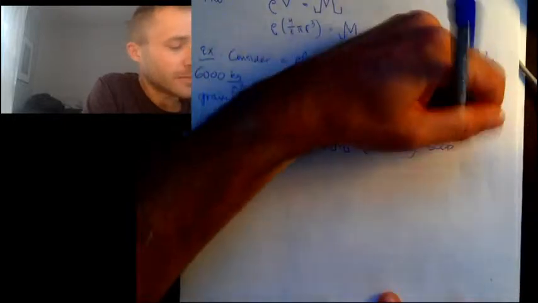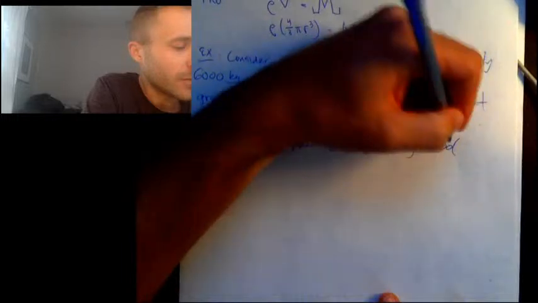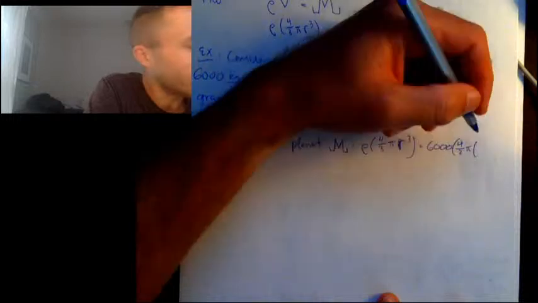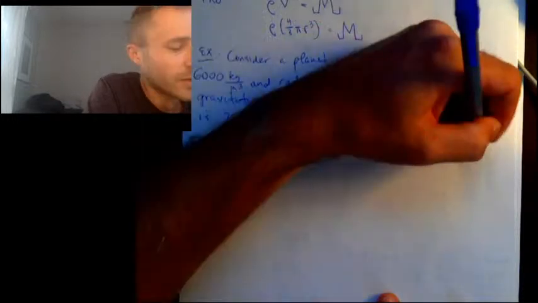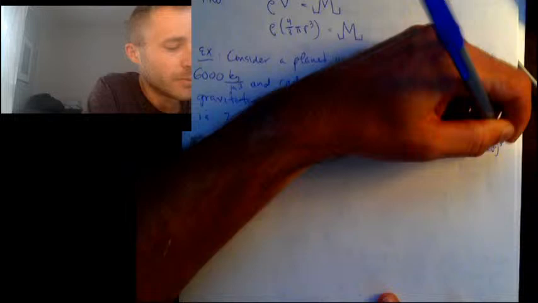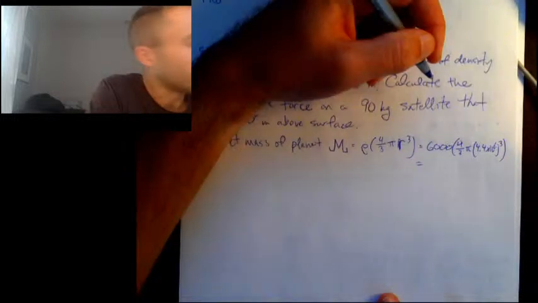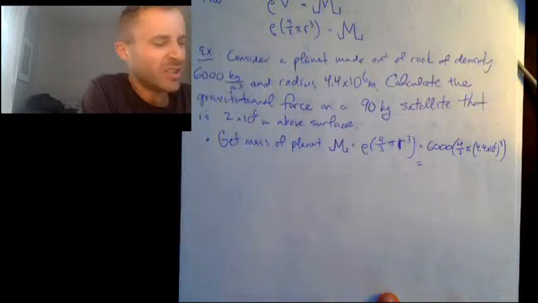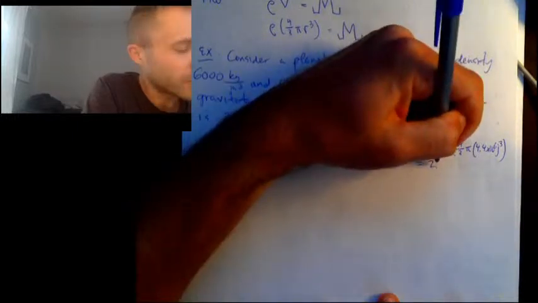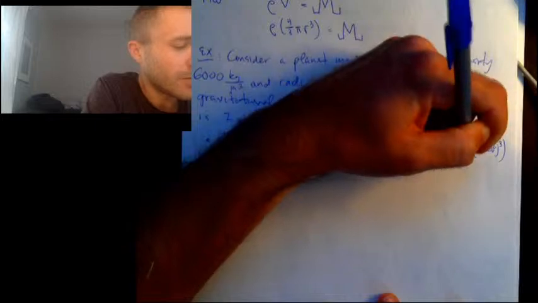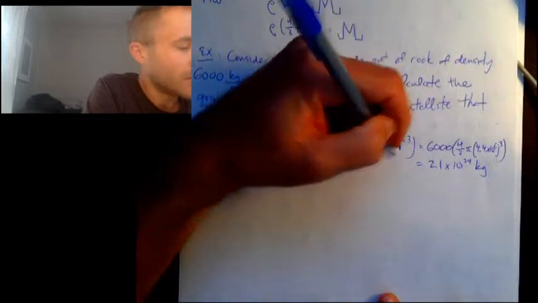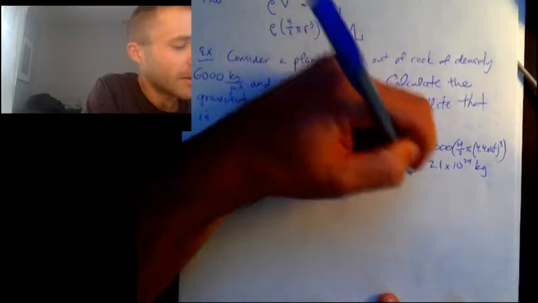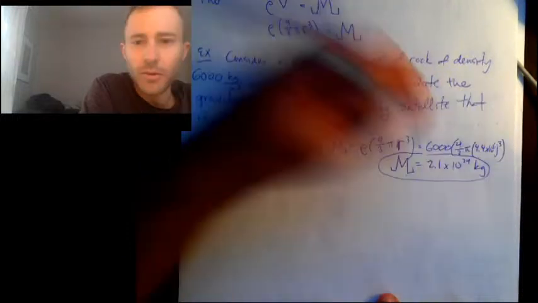So the density is 6,000, and then we have 4/3 pi times the radius of the planet, which is 4.4 times 10 to the 6th, cubed. Okay, so I type that into my calculator and I get, I did the same example last period, so I already know what the answer is. 2.1 times 10 to the 24th kilograms is the mass of the planet.